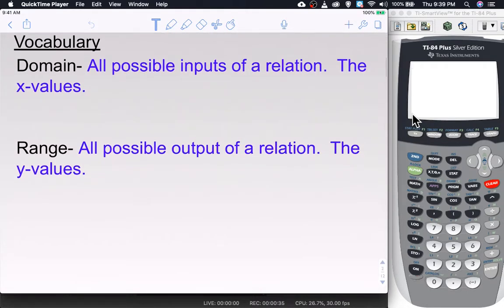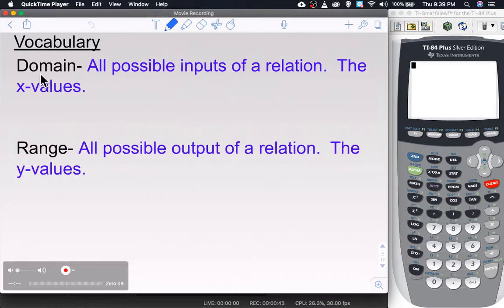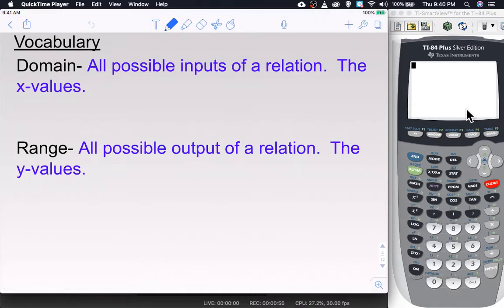Vocabulary. We did mention vocabulary when we were first talking about functions a bunch of lessons ago, but here's more specifically. So domain. The domain is all possible inputs of a relation. Notice it doesn't say of a function, just of a relation. Those are typically the x values.